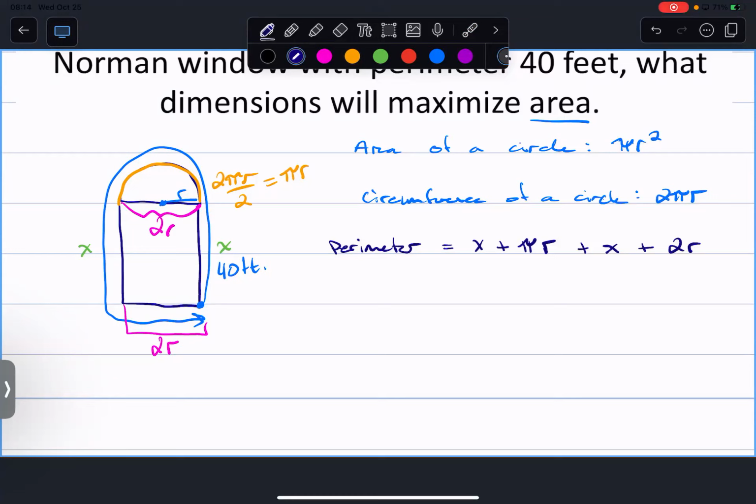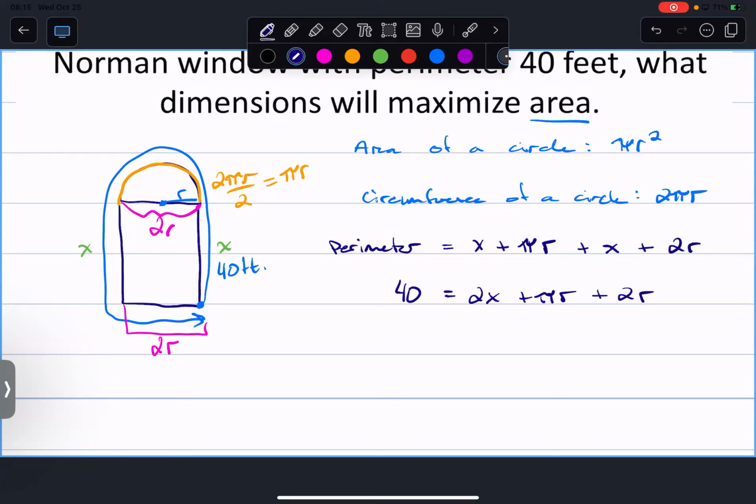But we're also forcing that to be 40, right? That was our constraint. So that means that 40 is equal to 2x plus pi r plus 2r. I could combine the pi times r and 2r, but I'm just going to leave it for now. And then if it simplifies things later, maybe I will.